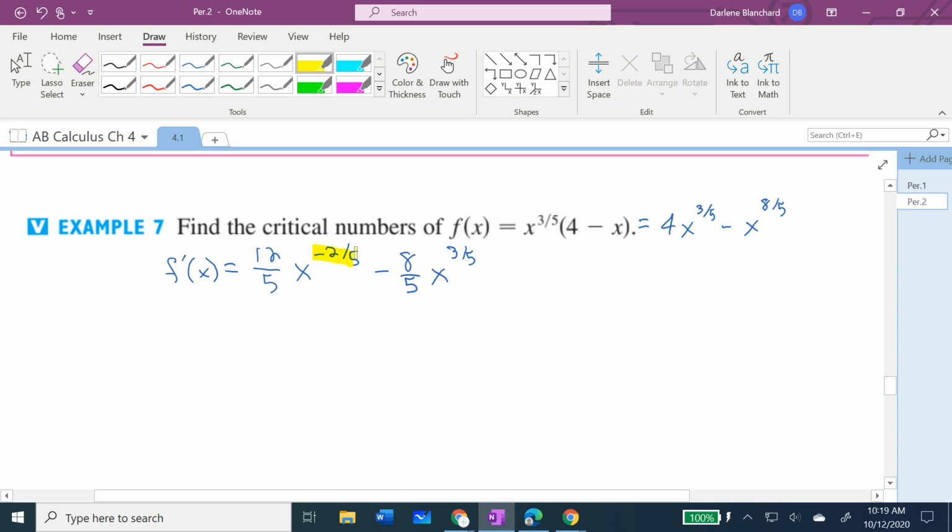Look at the exponents. You want to factor out the one that is numerically the smallest. So between negative 2/5 and positive 3/5, the smaller numerical number is negative 2/5. So I can factor out of that an x to the negative 2/5 power. And also a 4/5 while I'm at it.